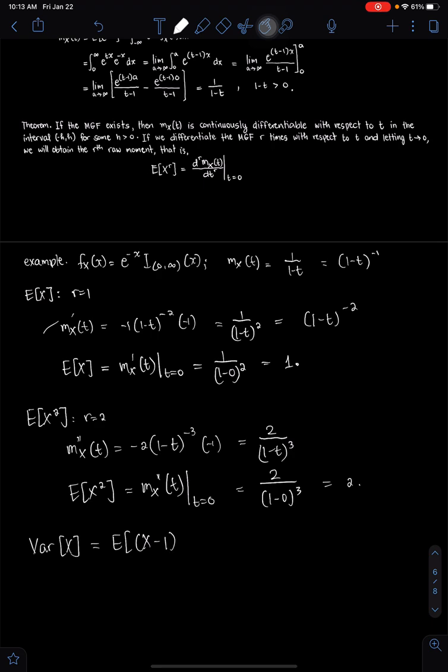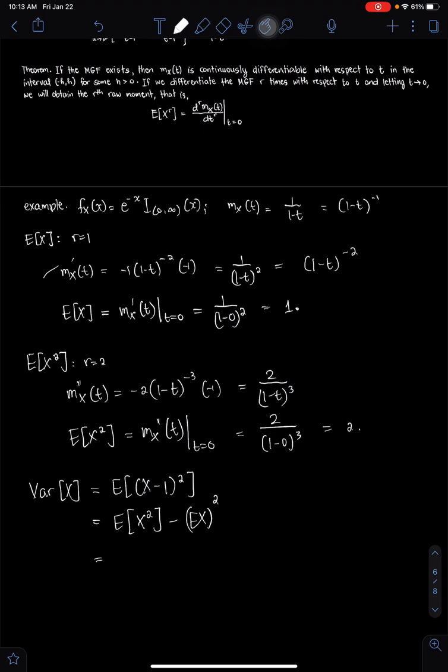However, we know that this is just equal to the expected value of x squared minus the expected value of x, quantity squared. So from above, the second raw moment is just 2, while the first moment, or E of x, is just 1. Square that 1, so that will be 2 minus 1, and the variance is also equal to 1.